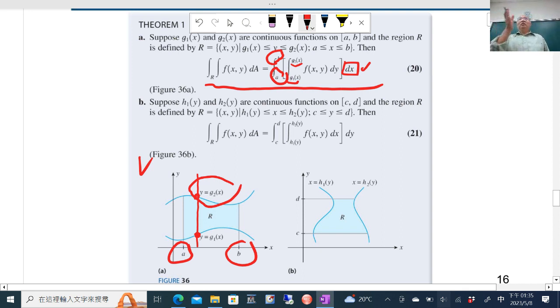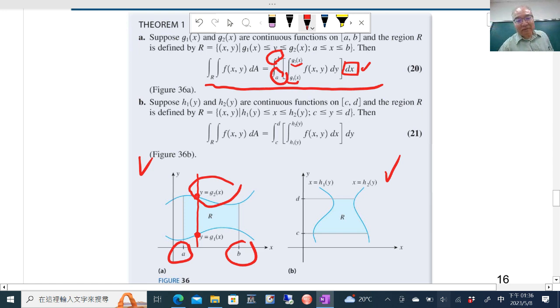This is the case where your domain of integration can be expressed in terms of functions of x. But sometimes you might encounter the following situation. The region is bounded by curves, however these curves are not regular functions of x. Instead, x is a function of y.